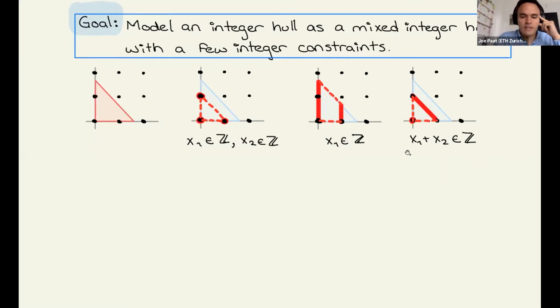So here, what we can see is that in this example, we can actually model the integer hull as a mixed integer set, but only using one integer constraint as opposed to two. Okay, and this is the overall goal motivating our talk or our project.